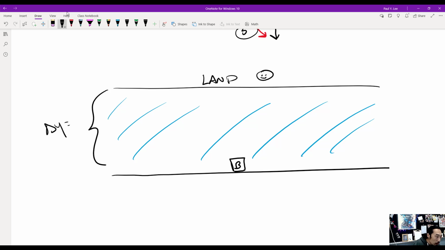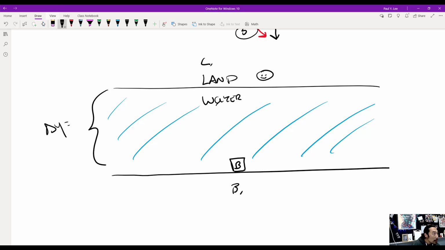This is what we currently know. The subscripts that we're going to use are L for land, B for boat, and, I have in my notes, W for the water.